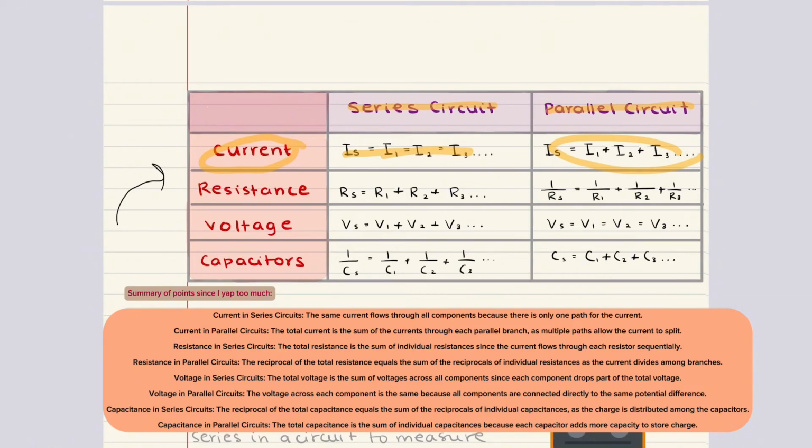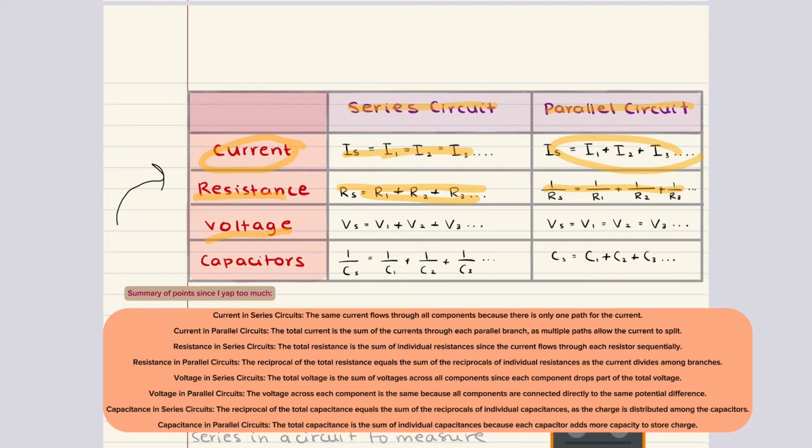What about resistance? In series, resistances add together, increasing the total resistance. This makes it harder for current to flow. In parallel, though, the reciprocal of the total resistance is the sum of the reciprocals of the individual resistances, which decreases the overall resistance and allows more current to pass through.